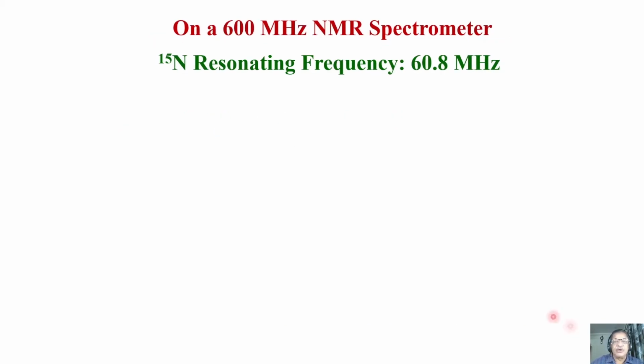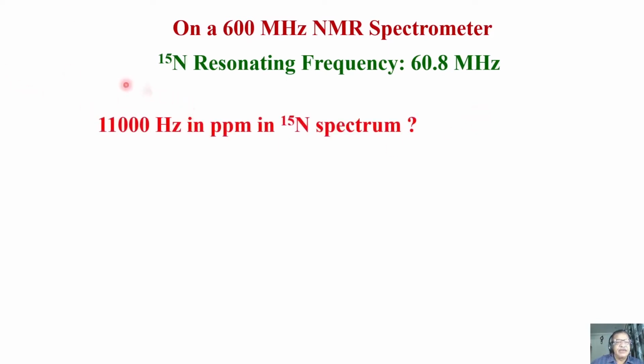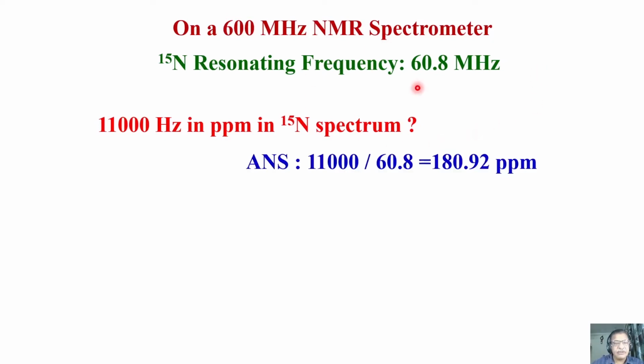Now we will also do the reverse of it, in the sense I'll convert frequency to ppm, so that you will recapitulate everything before we proceed further. Now my question is, what is 11,000 hertz in ppm in the nitrogen-15 spectrum at 60.8 megahertz?